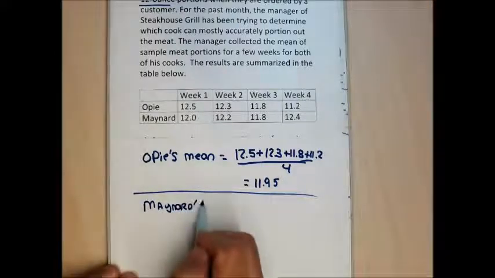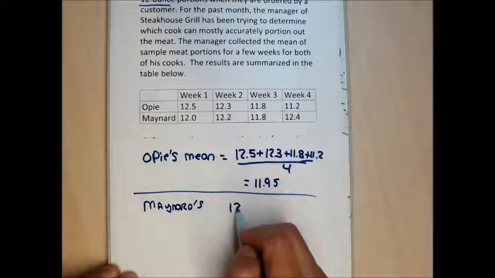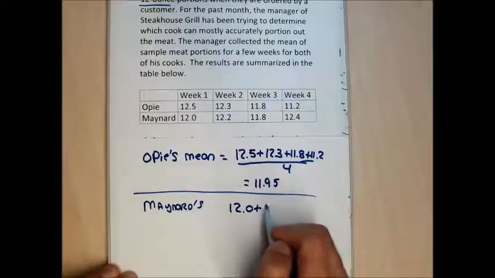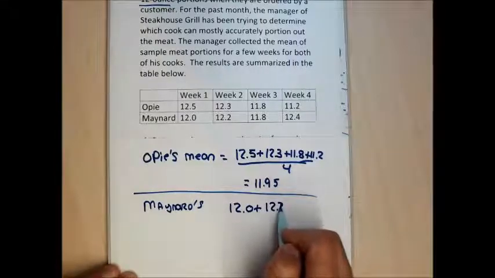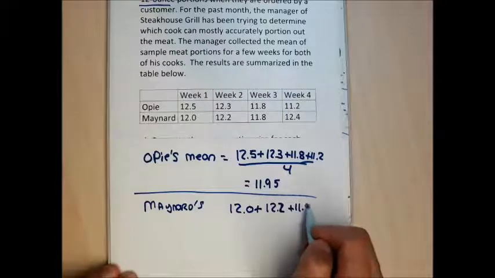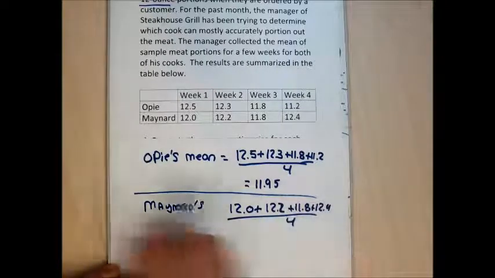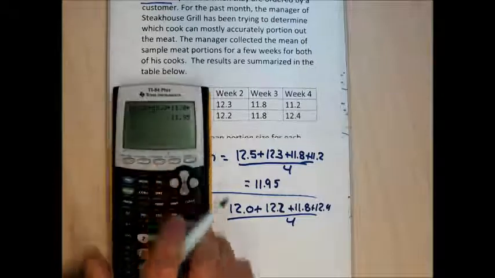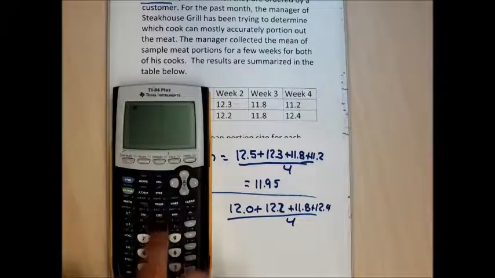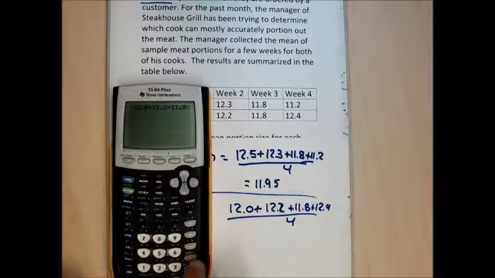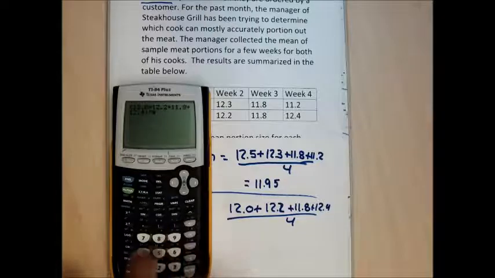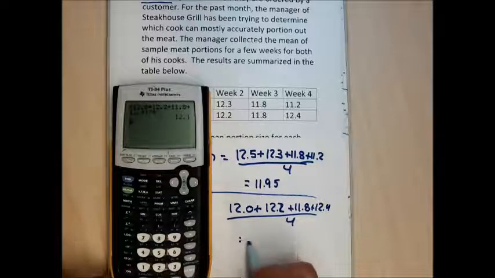For Maynard's average, I'm going to take his 12.0 plus his 12.2 plus his 11.8 plus his 12.4 and divide by 4. I'll attempt that on my calculator as well. 12.0 plus 12.2 plus 11.8 plus 12.4 divided by 4, and I get 12.1.